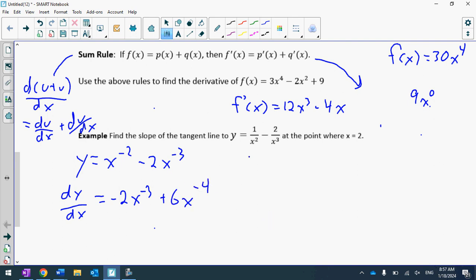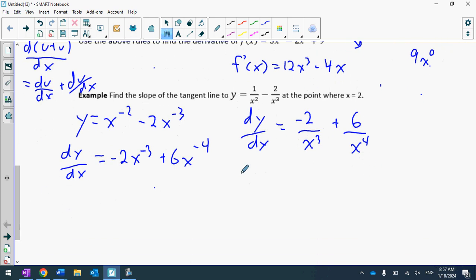I can also rewrite that as negative 2 over x cubed, getting rid of the negative exponents here, plus 6 over x to the power of 4. Now we want to know the derivative when x is equal to 2, so we're going to sub in 2. There is a notation to do that that's sometimes used. It looks like this, a little bar, and then you just say x equals 2. This is basically saying I'm calculating dy by dx when x equals 2.